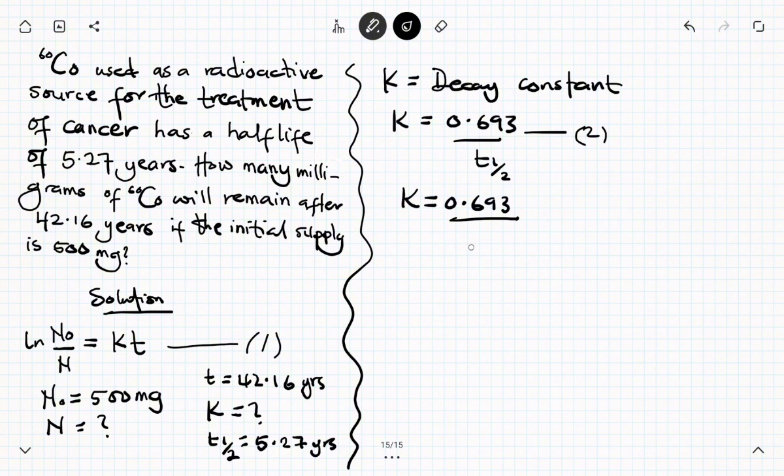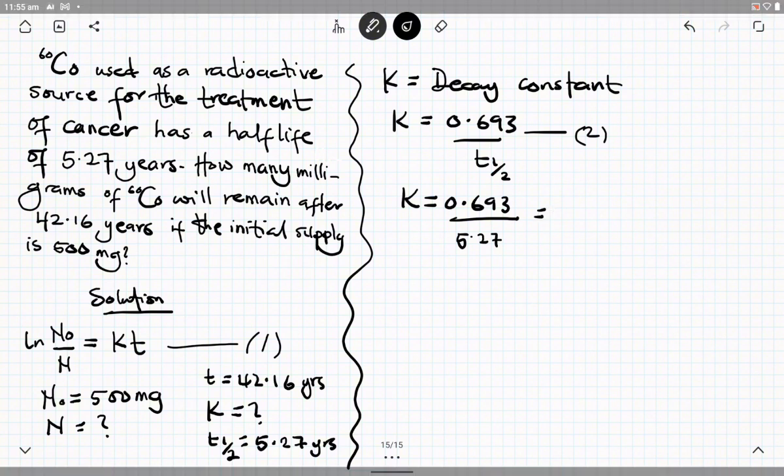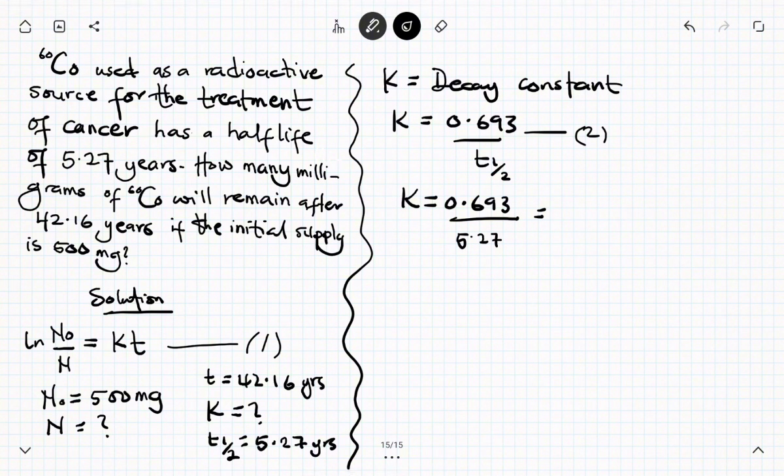Alright, so we have 5.27 years, and if we punch this in the calculator, we should have K equal to 0.1315. So that is our decay constant. So all we need to do now is to put this value in the equation, and then we are good to go.